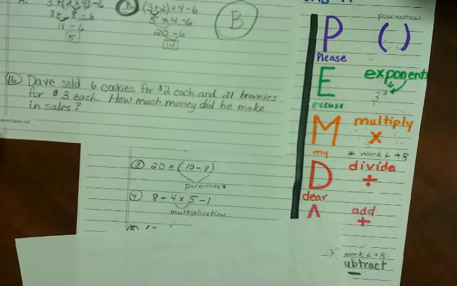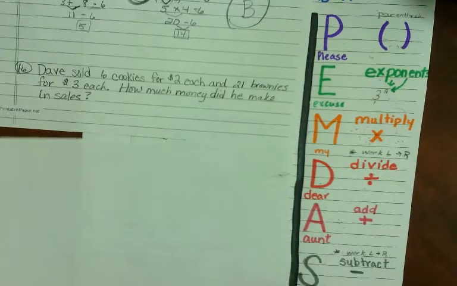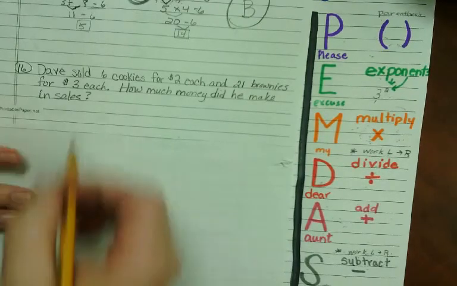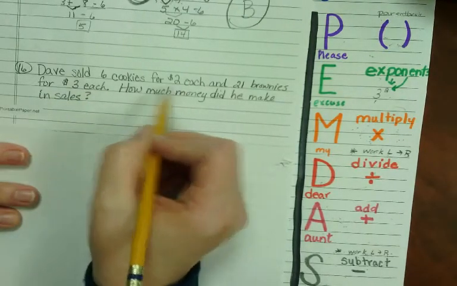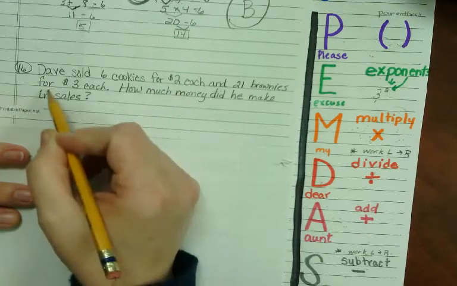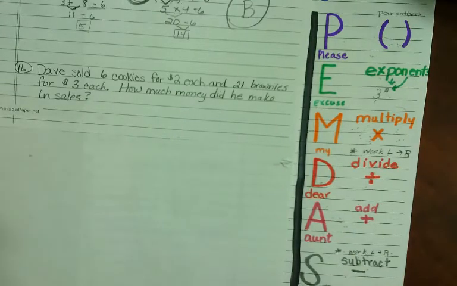And I really hope I left myself enough room on this one to work it. Alright, so this is also just like a problem on your homework. I changed somebody's name. They're selling cookies and brownies. They're selling something else in your problem. Alright, let's read it first.